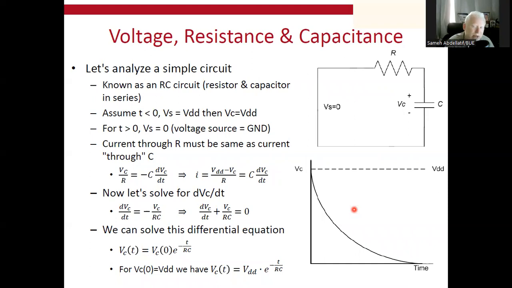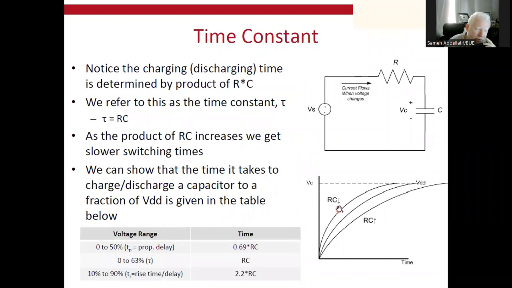That's why the value of the resistance as well as the value of the capacitance are extremely important in determining the time constant of our charging or discharging process. As you can see, the factor RC is a key parameter in determining this delay, or charging and discharging time.